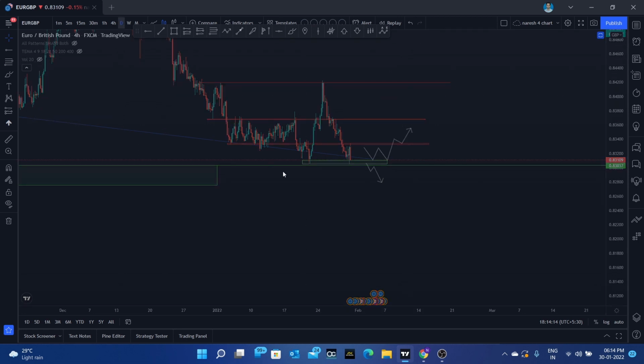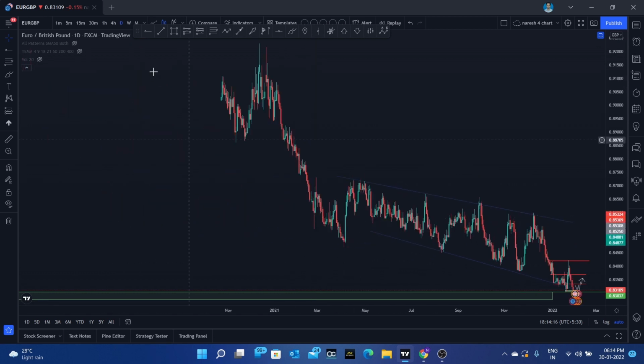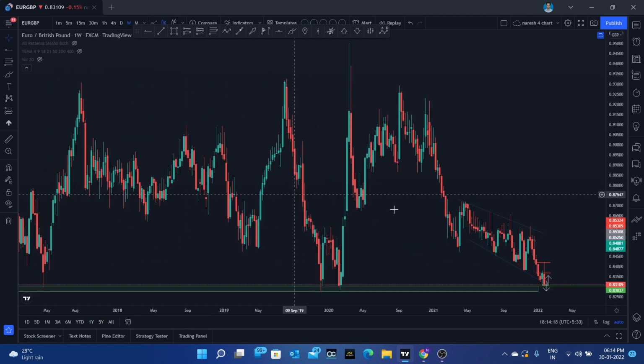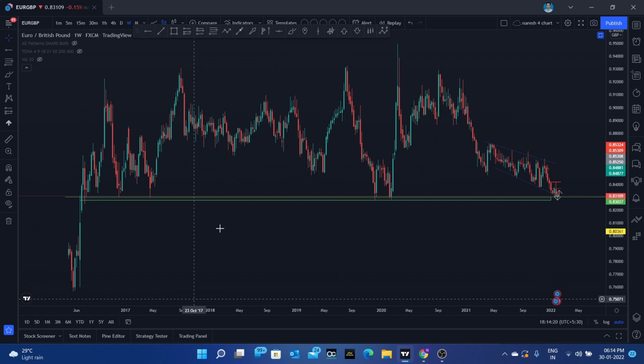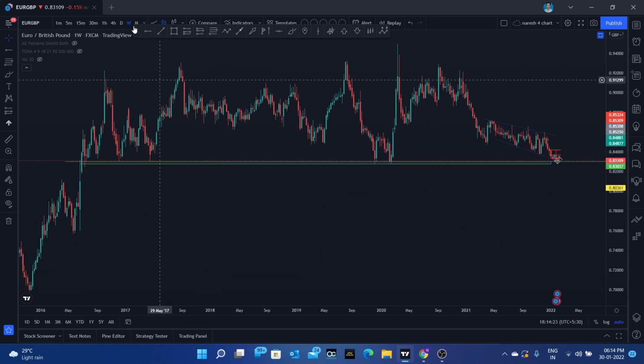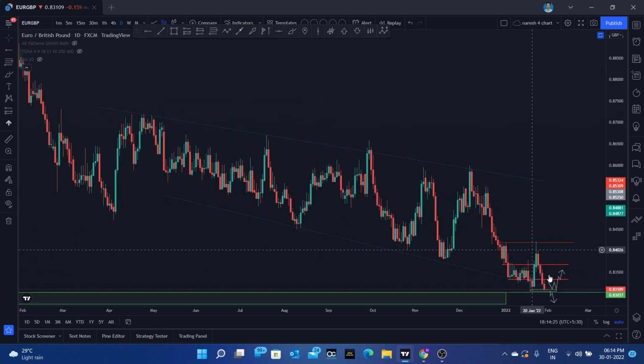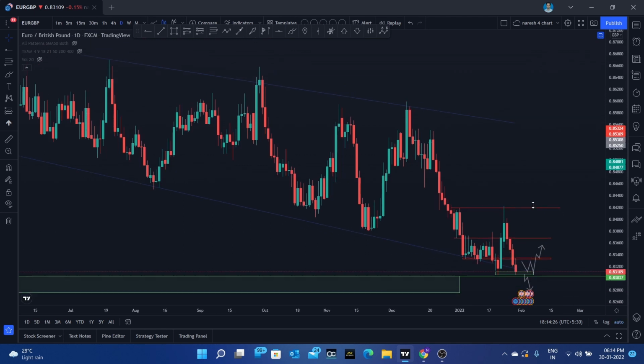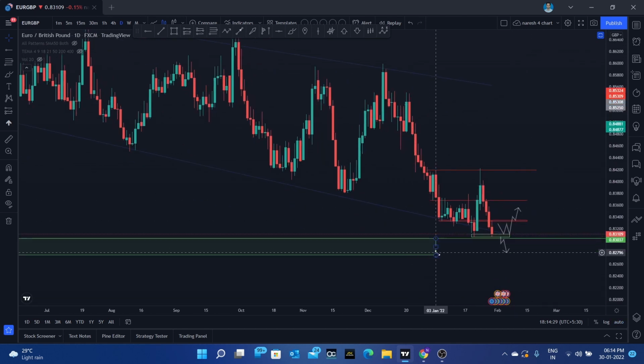But see here, I'm not preferring you guys to trade in this EUR/GBP this week, because here we can see it is having a major support, and it is also in a support zone. So in this area it can take support at any point. So short is also not good.